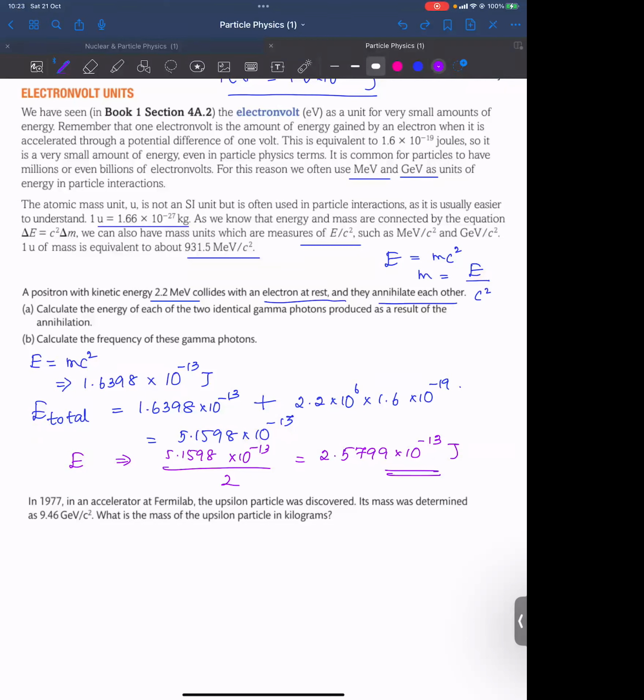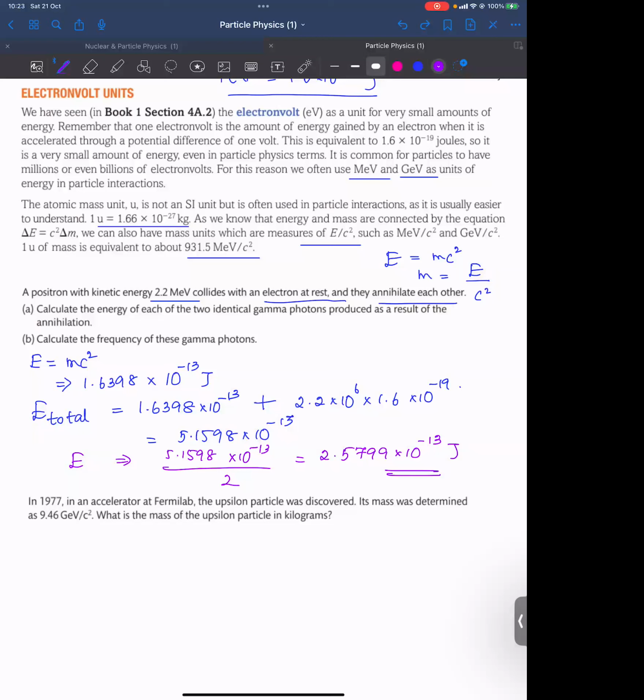Can't we apply the equation E minus the energy of the positron plus E minus the... E, what do you mean by the E? Sorry, E is the energy of both the gamma photons. Okay.